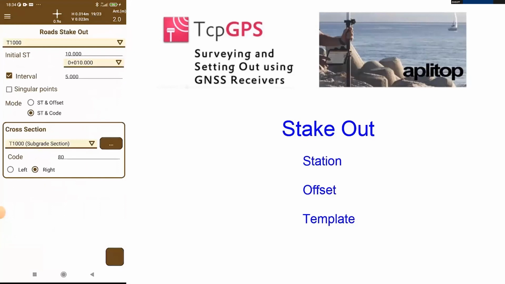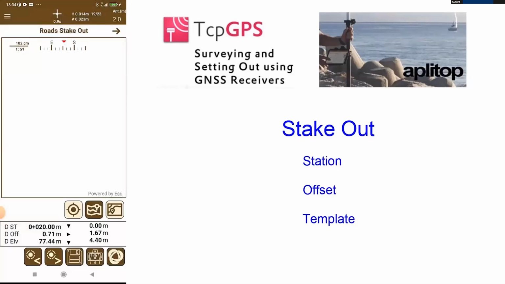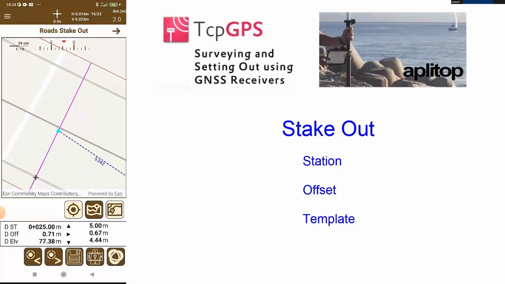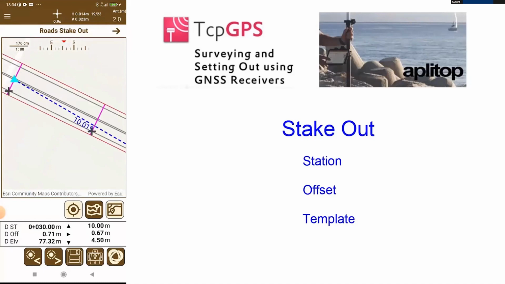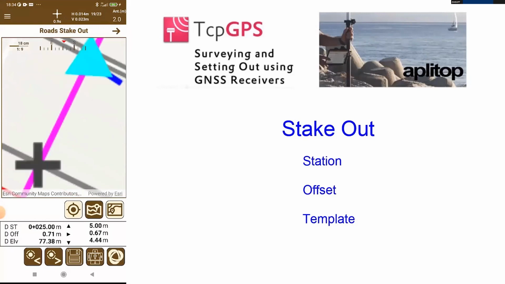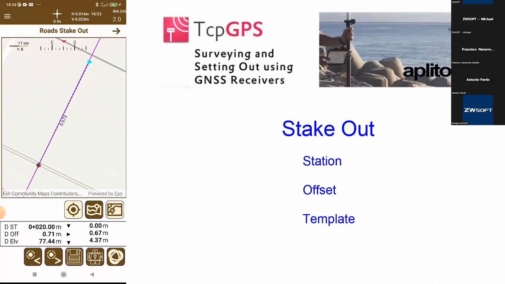Right now TcpGPS leads us to the right position of the point that we need to stake out to make a mark in the field. For example, we need to move to station 20, 50 meters ahead, 71 centimeters. No, sorry, 1 meter. Well, we are moving to the target on the right side.